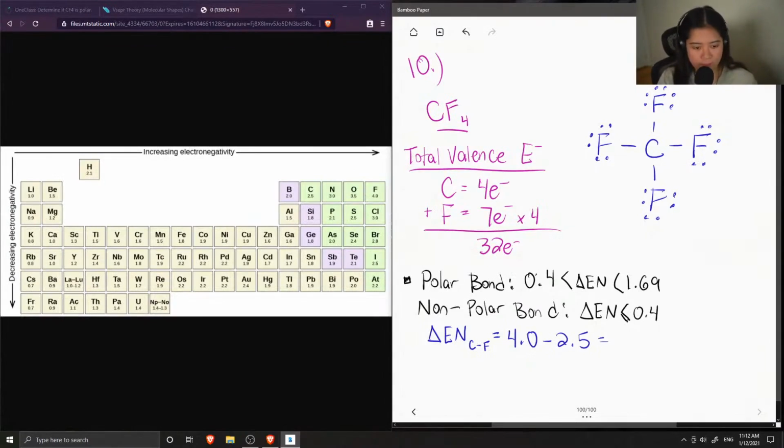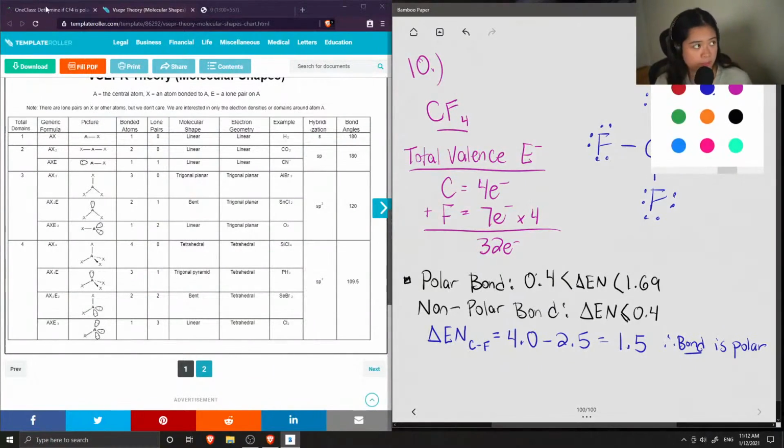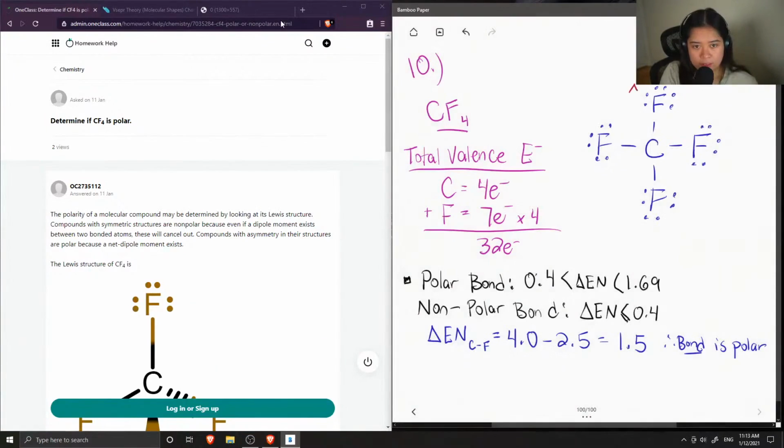So the difference is 1.5, which means that the bond is polar. Since fluorine is much more electronegative than carbon, dipole moments will form and point in the direction of the fluorine atoms.